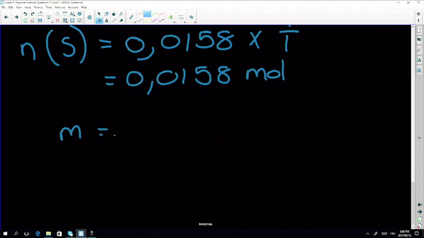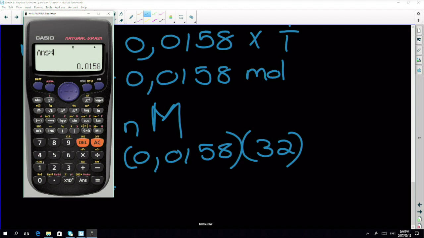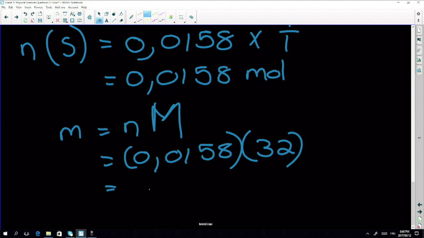So mass is number of moles times molar mass. And we know the molar mass of sulfur is 32, so I'm just going to times that by 32. And this one I'm going to round off, so it's 0.51 grams.